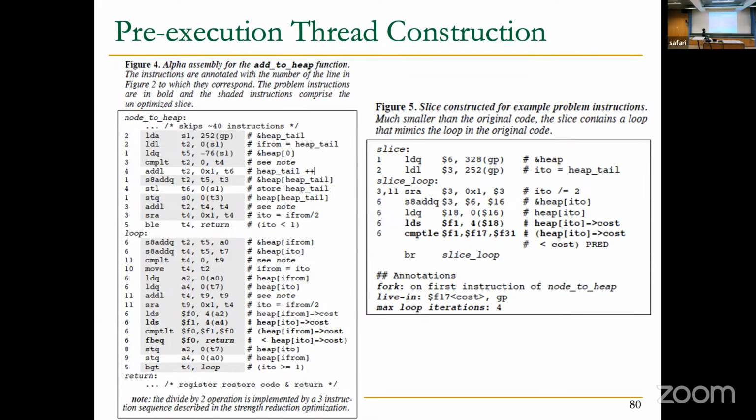So it seems that if you want to target this heap cost instruction, only these 3 instructions are enough to feed to this instruction. So basically, this is the backward slice. That's what we call the execution slice. This slice is essentially feeding the data to this one.